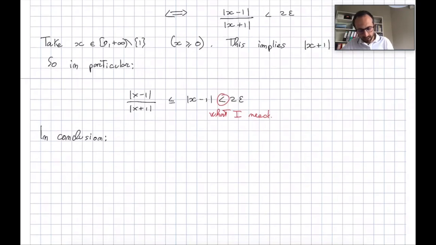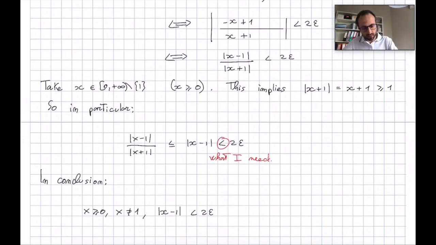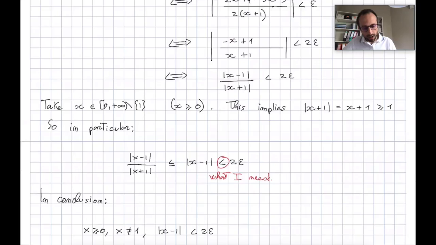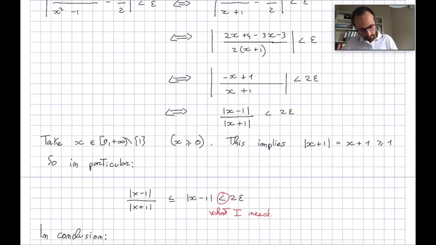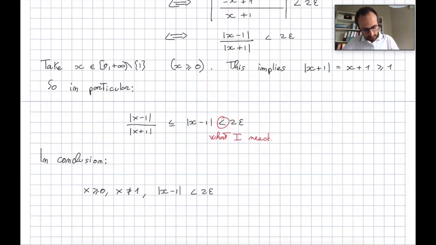We found that if x is non-negative, x is different from 1, and the absolute value of x minus 1 is smaller than 2 epsilon, then this is satisfied. And so we go up these arrows, and we end up here, so we find that this is satisfied too. These conditions imply this, which is what we wanted.